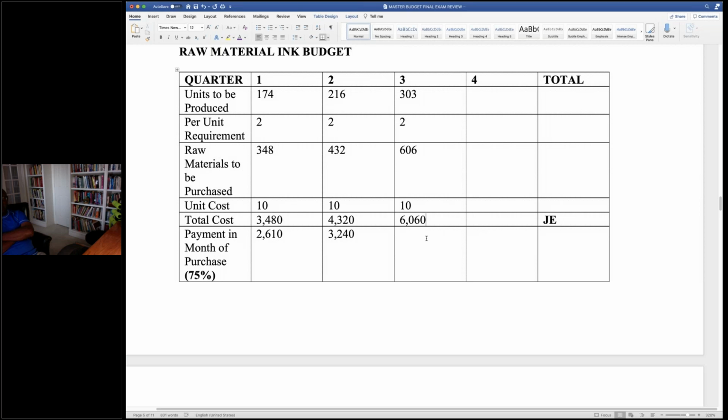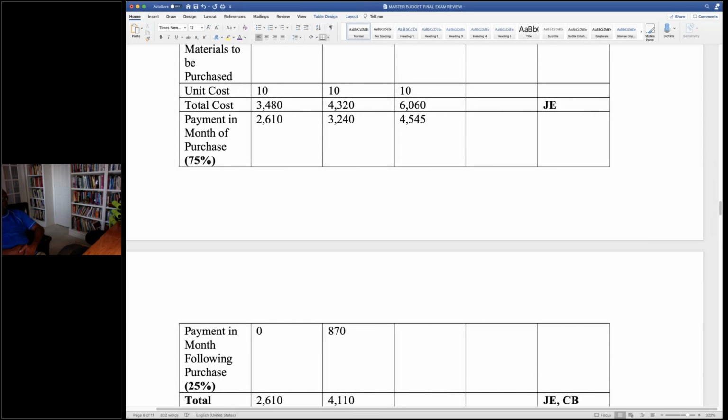All right. Then we're gonna take 75% of that, which is gonna give us 4,545. And then we're gonna get 25% of the 6,060.